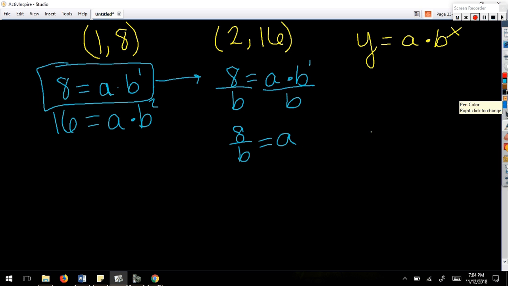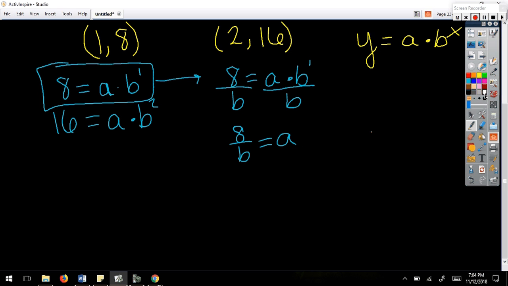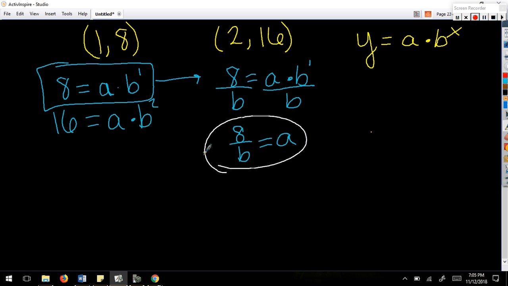Now using this value of a, I am going to take this and put it into my other equation for the value of a. So now I have 16 equals, not a anymore, but 8 over b times b squared.